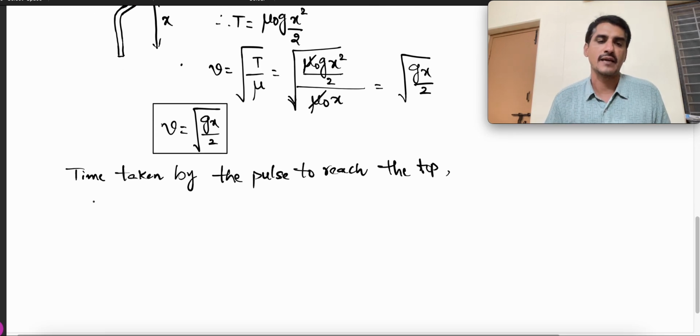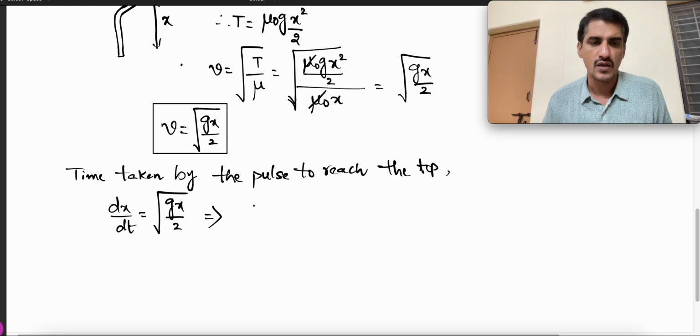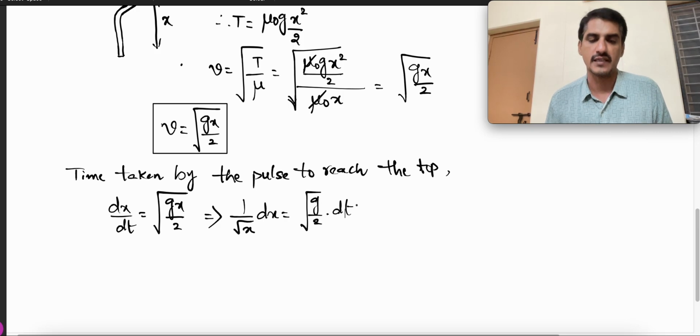So how to find the time taken? Instead of v, I am writing it as dx by dt, which is equal to root of gx by 2. Therefore, now sending this root x to this side, 1 by root x dx is equal to root of g by 2 into dt. Yes or no?